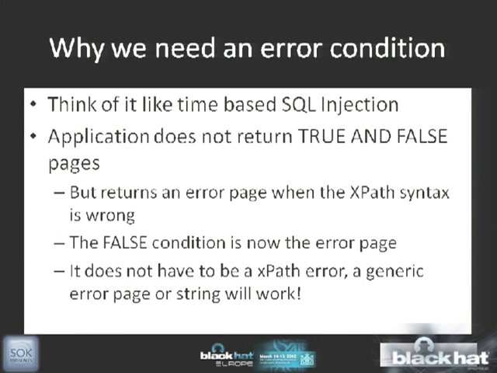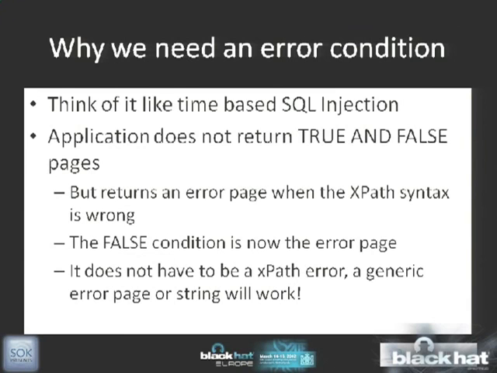The application does not return true and false pages. However, if you do manage to get the syntax wrong, then the application might come back and say something went wrong. It might be a 500 error message. It might be a generic string saying the operation didn't go smoothly, or something which gives you an indication when the syntax is wrong. However, when the syntax is right, irrespective of whether you inject and 1=1 or and 1=2, the application returns the same page. And it is actually a very practical scenario. I have come across this quite a lot.